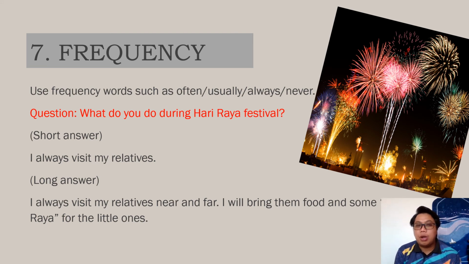For example, question: what do you do during Hari Raya festival? Of course, you can answer, I always visit my relatives. But then, for part 2 and part 3, you need to answer, I always visit my relatives near and far. I will bring them food and some duit raya for the little ones.